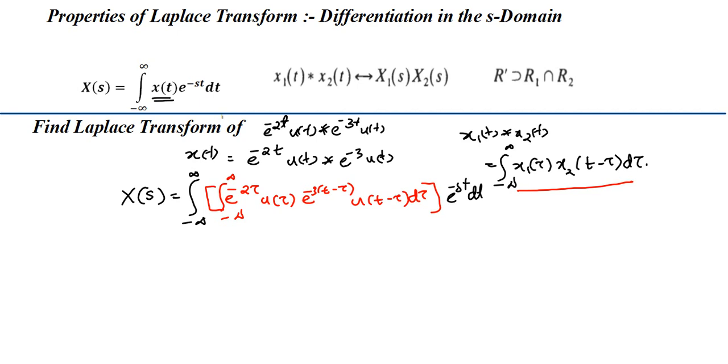Here you can see there are two integrations, one with the variable tau and another with the variable t.